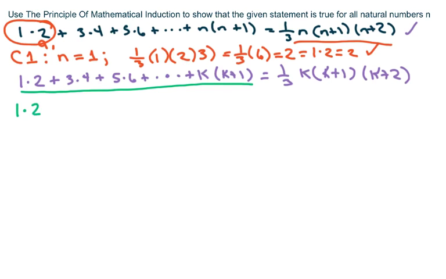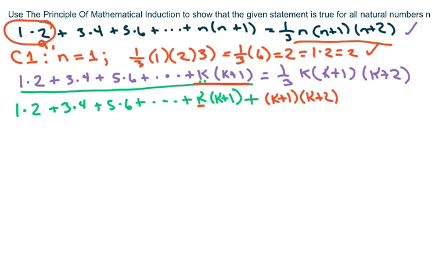So I'm going to copy this statement down again. 1 times 2 plus 3 times 4 plus 5 times 6 plus dot dot dot plus k times k plus 1. Now the next term is going to be, you take this term, and for k we're going to put k plus 1. So plus the next term, k plus 1 times k plus 2.